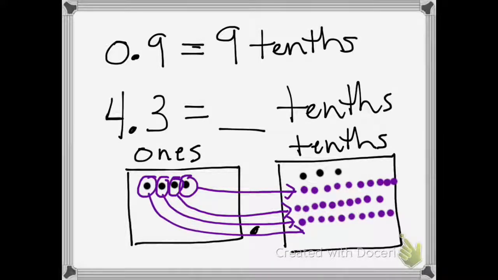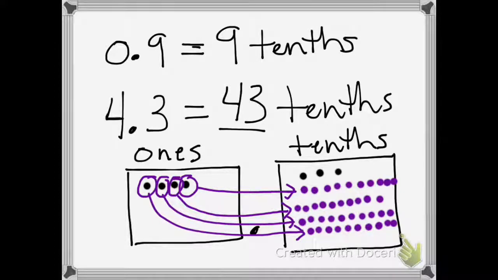Because I can do this because one whole is 10 tenths. 1, 2, 3, 4, 5, 6, 7, 8, 9, 10. So now if I were to count all of these, I'm going to count them by tens. 10, 20, 30, 40, 1, 2, 3. So 4 and 3 tenths is the same as saying 43 tenths.